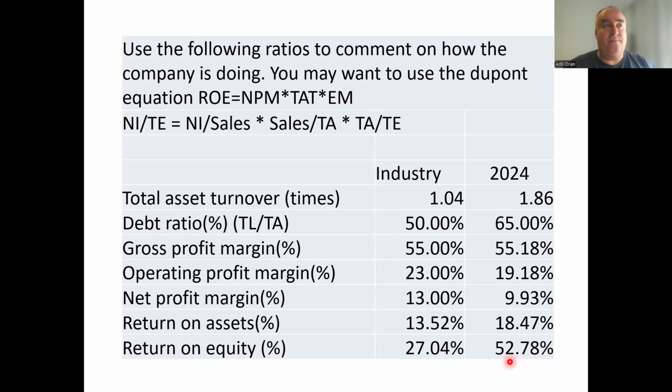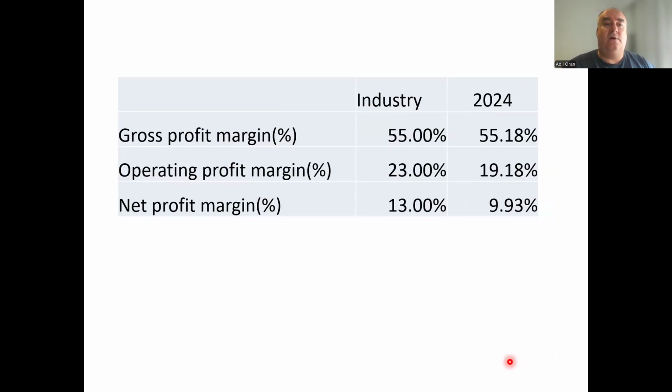First thing, I want to look at the profitability numbers. So, here are the gross profit margin, operating profit margin, and net profit margin of the industry and of the company.